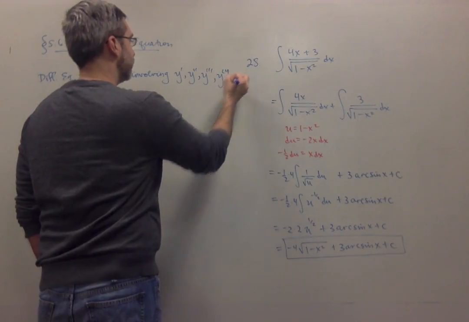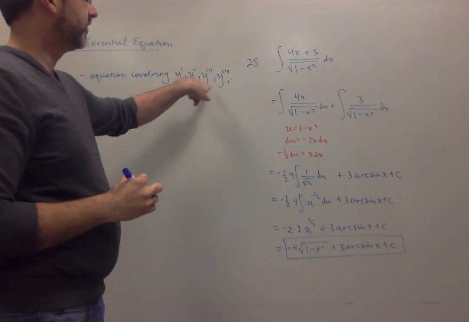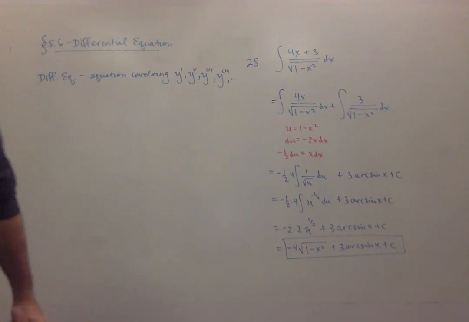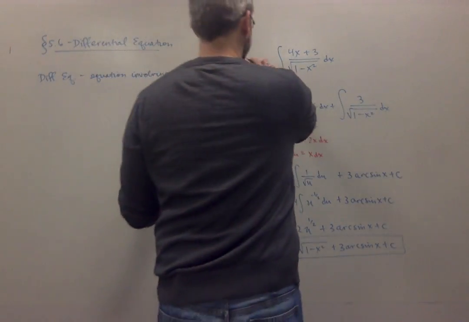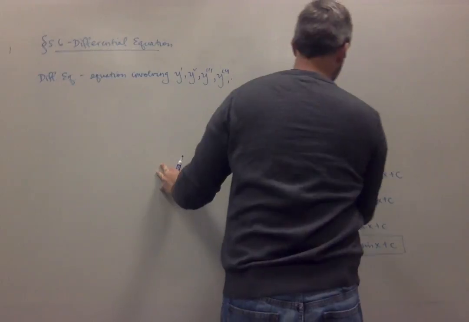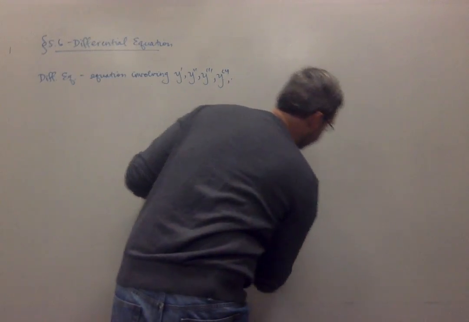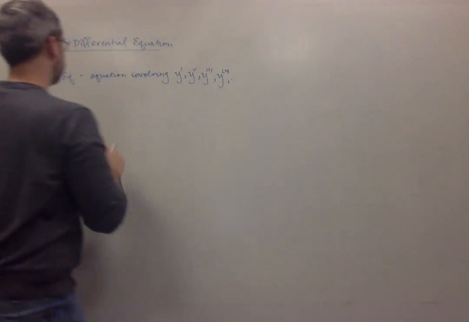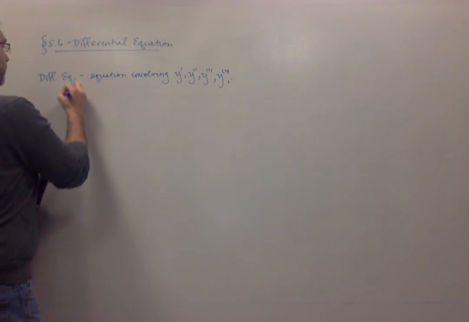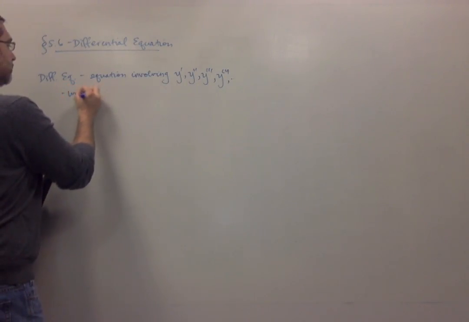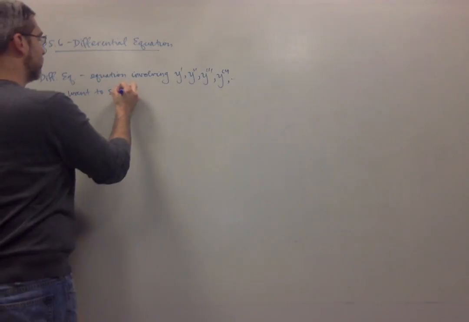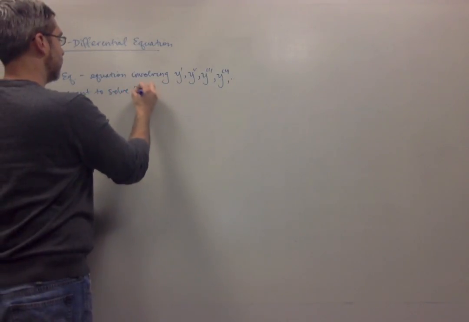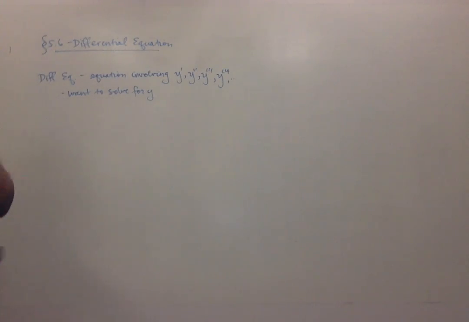So it can involve the first derivative, second derivative, third, fourth. It involves some derivative. And the idea is it's an equation that you want to solve. We want to solve for y.